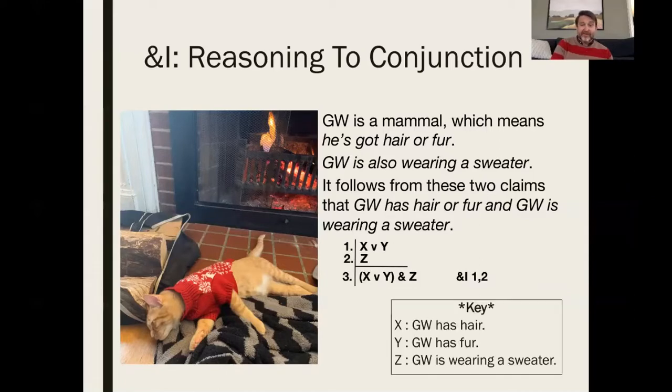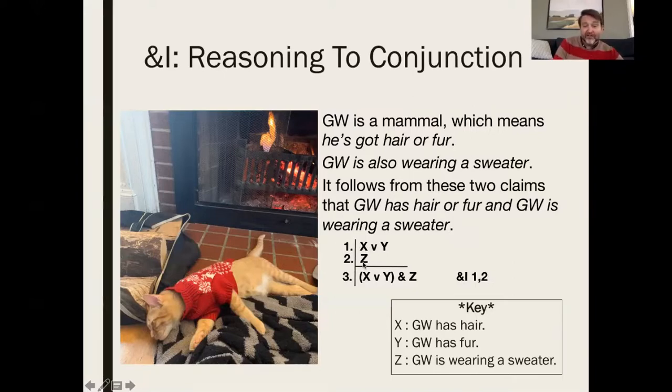Essentially what we're doing here is moving from some statement, and the first statement was itself a complex statement, X or Y. X stands for Gary Wendell has hair, Y stands for Gary Wendell has fur, and the thing we knew originally was that Gary Wendell has hair or Gary Wendell has fur.